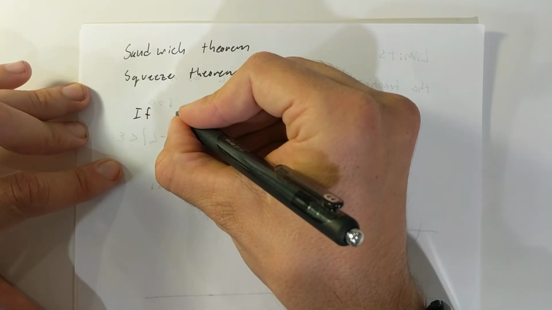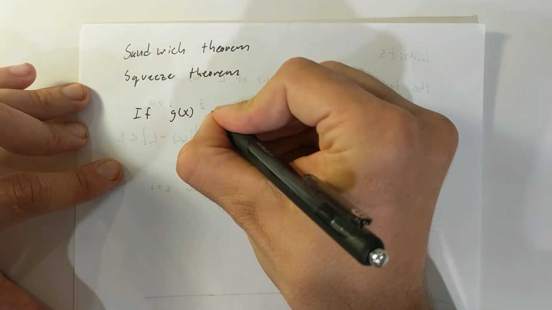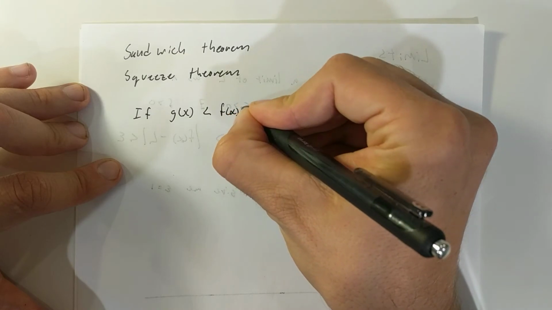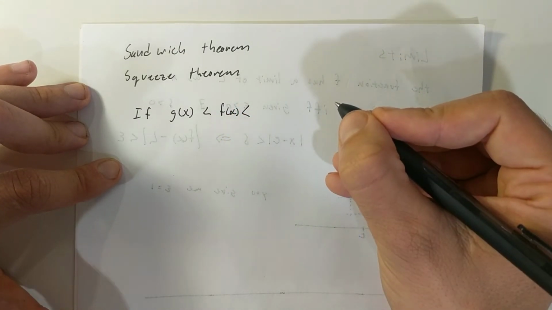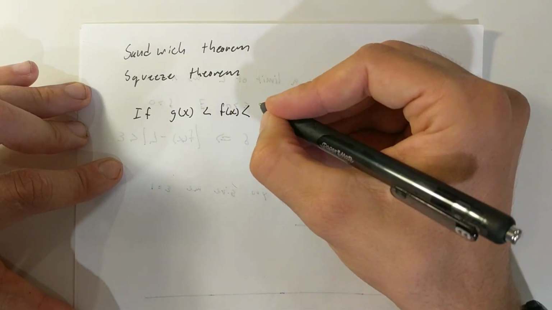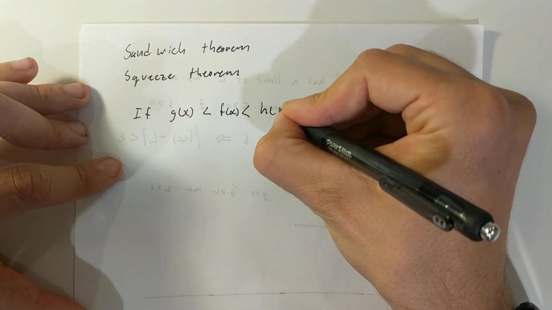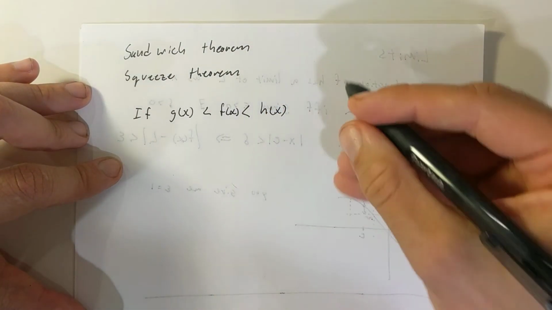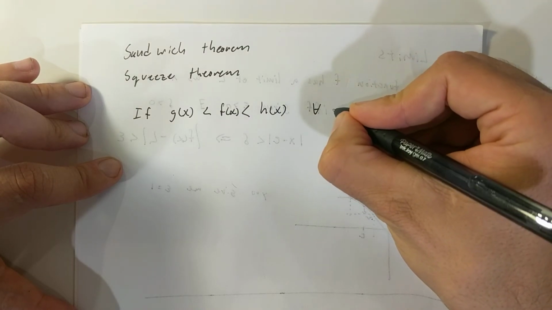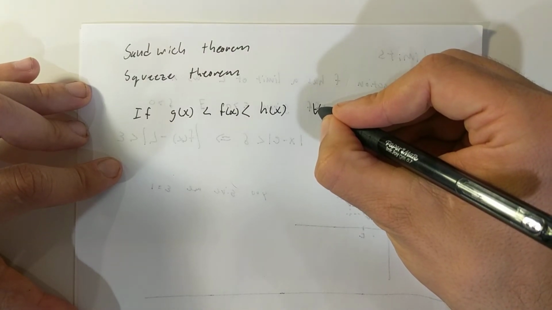if g of x is always less than f of x, which is always less than h of x, for all x (upside down A means for all, by the way).